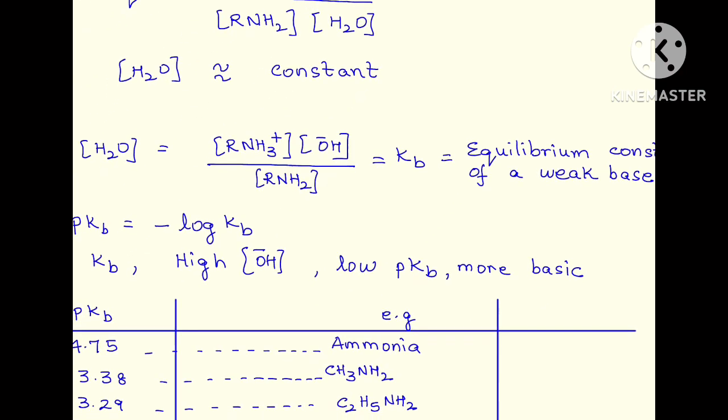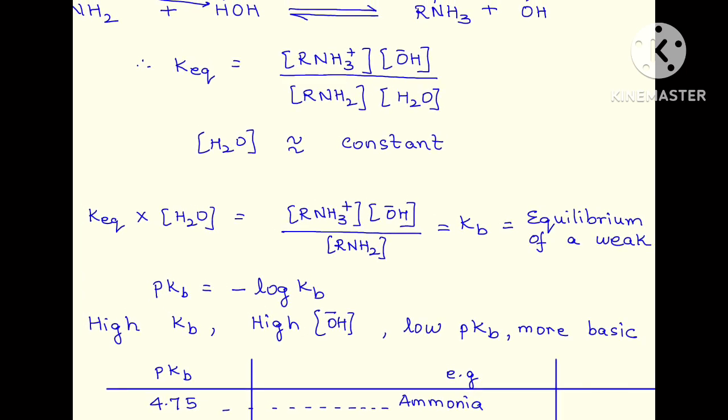Now, if you remember, we've spoken about Ka. Now these Kb values are small, something like 9.4 into 10 to the power minus 6. If you have to deal with exponential values every now and then, it gets a little difficult.